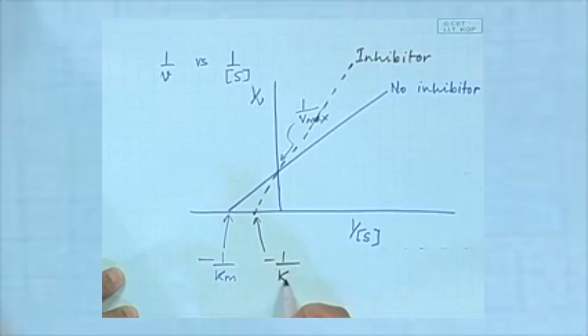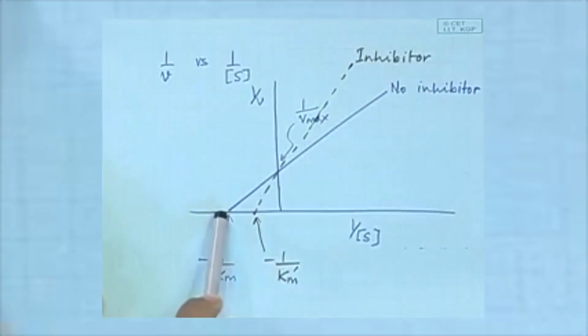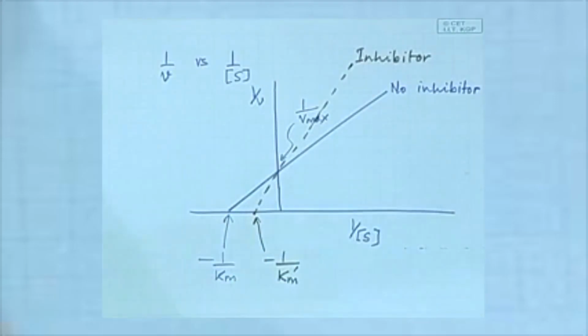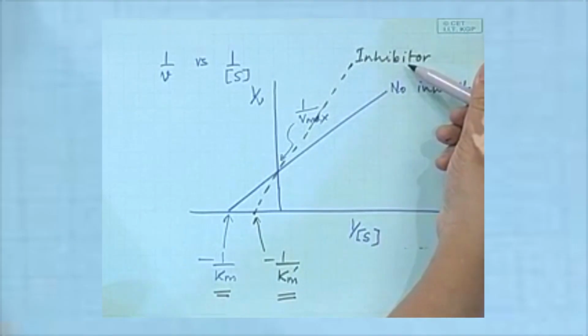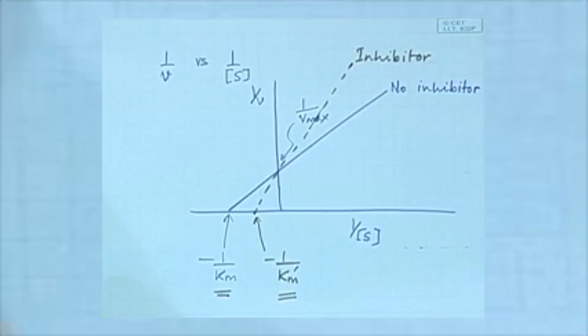And minus 1 by Km prime. Fine. So I have no inhibitor in one case, and in the next case, what can I now determine? I can determine my Km values for the uninhibited enzyme and the Km prime value for the presence of the inhibitor. And I can also find out what Vmax is.